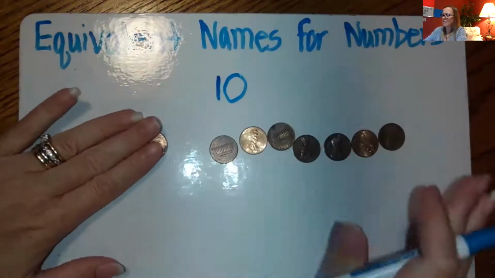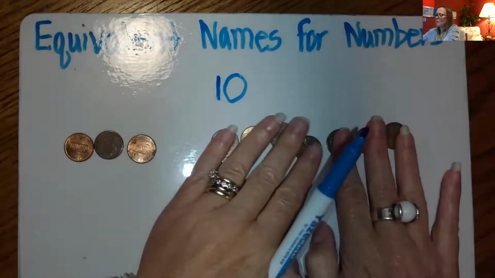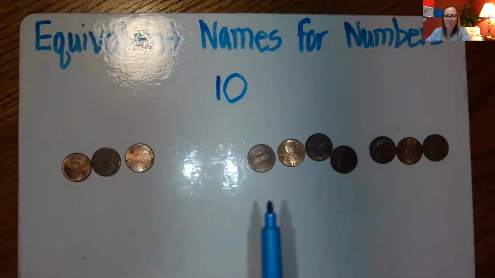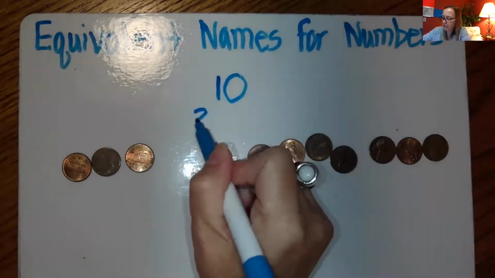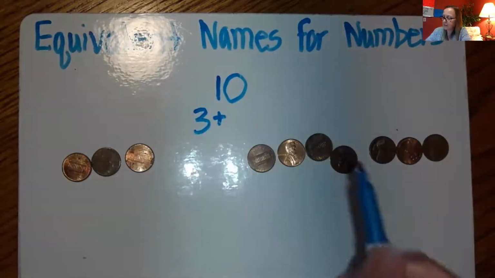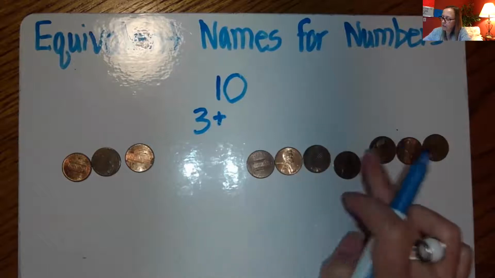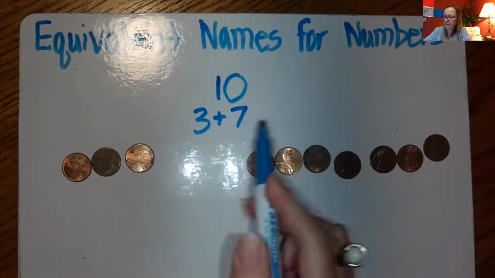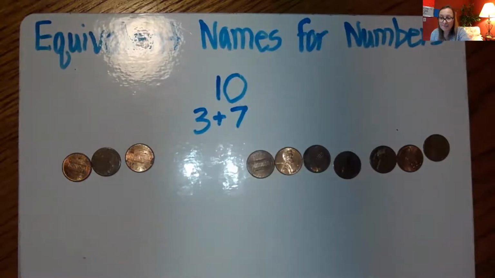I could write 10 like this. Do I still have 10 pennies? I sure do. But I've kind of split them up. So now I have 3 plus 1, 2, 3, 4, 5, 6, 7. 3 plus 7. 3 plus 7 is equal to 10.